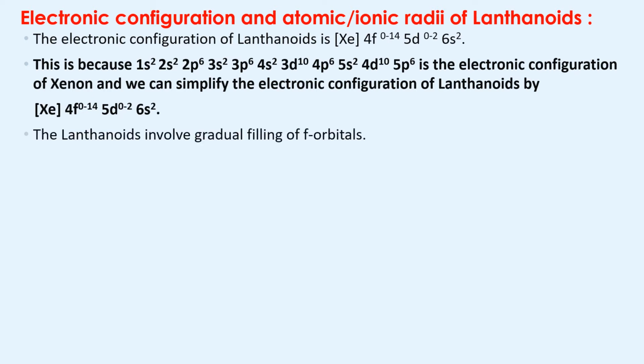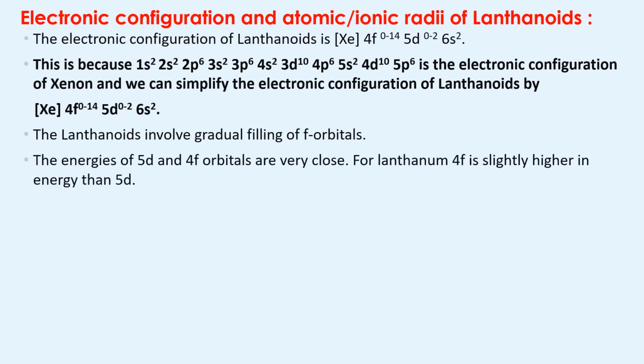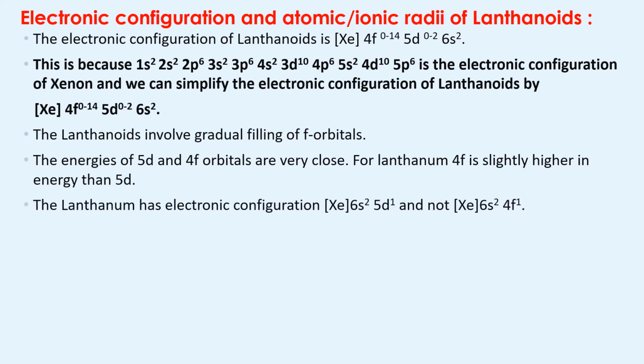Now lanthanides involve gradual filling of the f orbital, meaning from 0 to 14 electrons can be accommodated in that f orbital. Now the energies of the 5d and 4f orbitals are very close. So for lanthanum, 4f is slightly higher in energy than 5d.